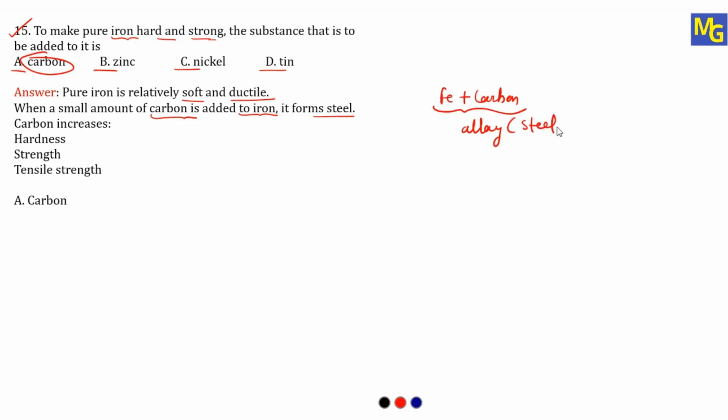It is steel. And steel, if you see, is hard and strong. Because of this addition of carbon to pure iron, it will increase the properties like hardness, strength, tensile strength, etc. And therefore the correct option is option A, carbon. So write down option A, carbon is the answer for this question. So this is question number 15. Now we'll move with the next question.